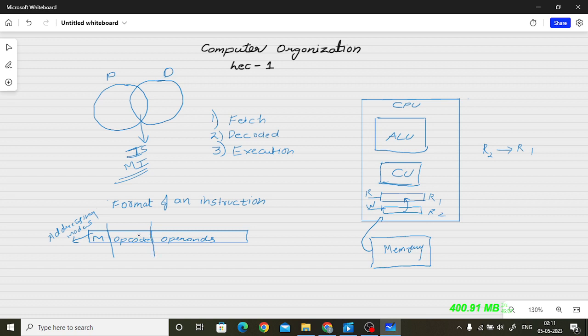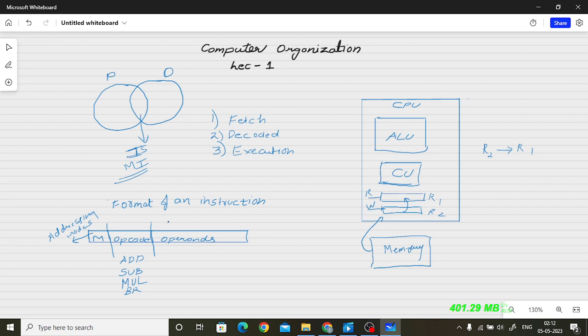It tells what operations we are going to perform on an operand, like add, subtract, multiplication, branch. Okay, all these operations.